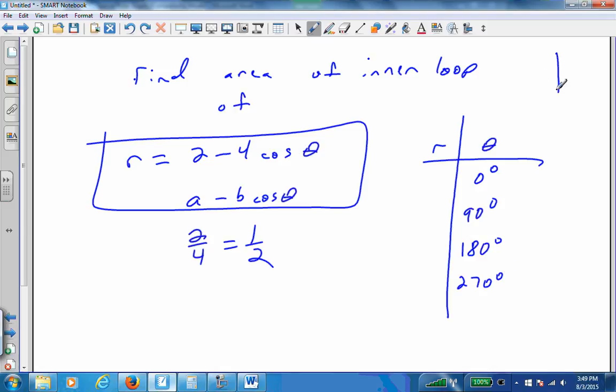At 0 degrees, cosine is 1, so what would we get? -2. At 90 degrees, cosine is 0, so we would get 2. At 180, cosine is -1, so we would get 6. At 270, cosine is 0, so we would get 2 again.